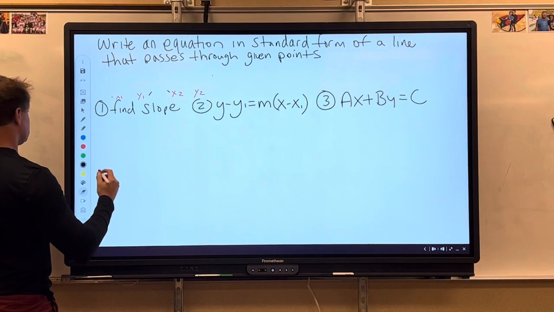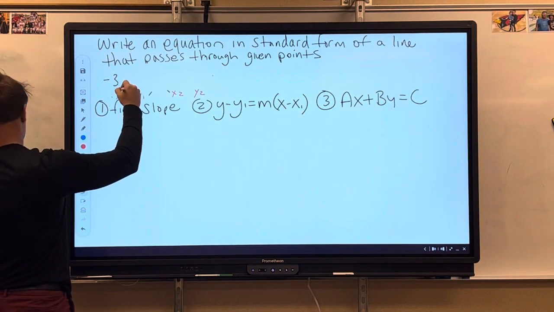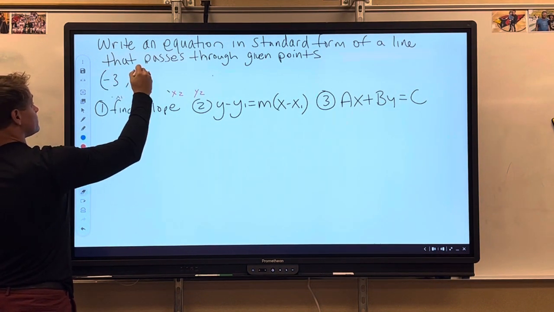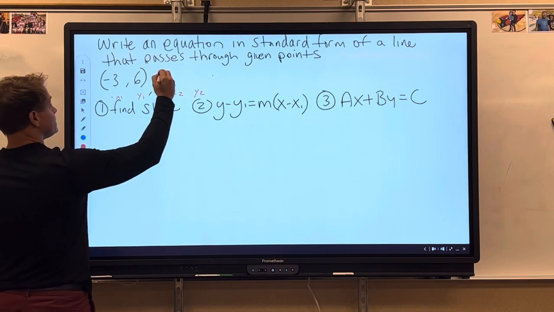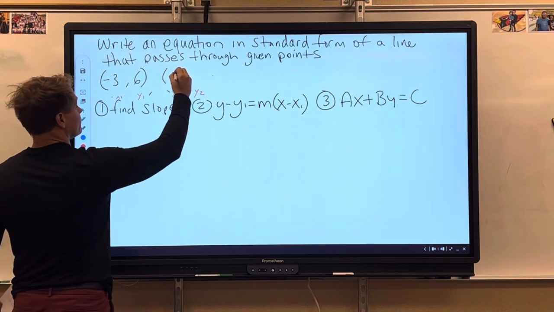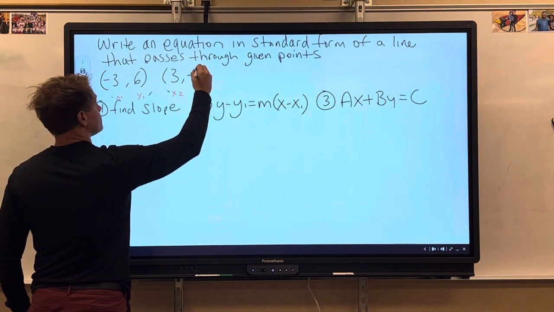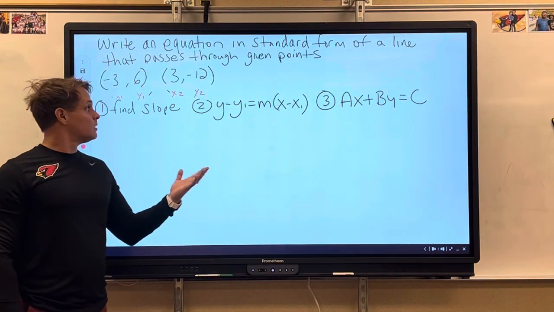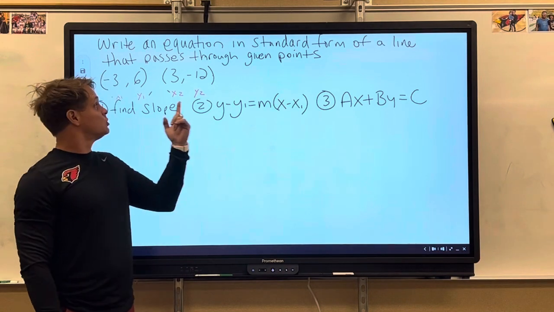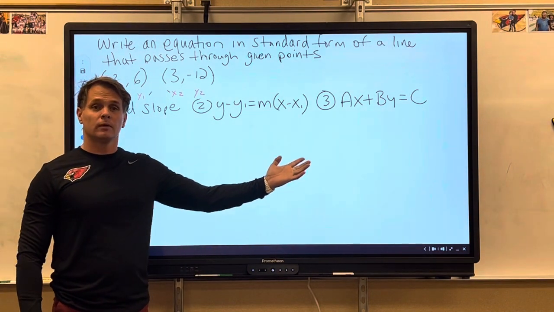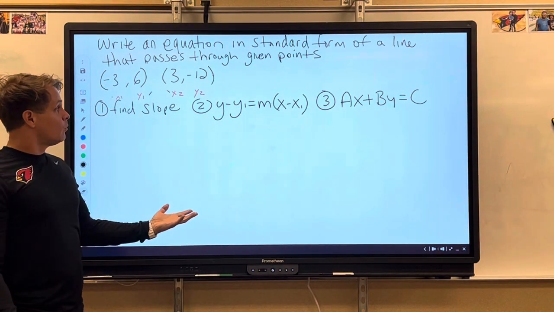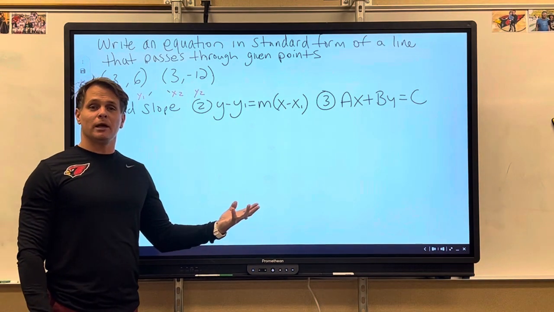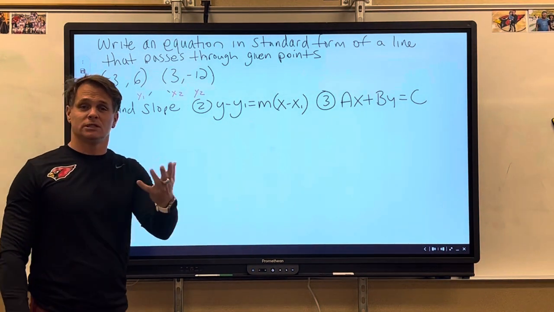So let's put -3, 6, and 3, -12. Go ahead and pause the video, follow these 3 steps, write this in standard form, and when you're done, press the play button. We'll do it together and see if you got the right answer.